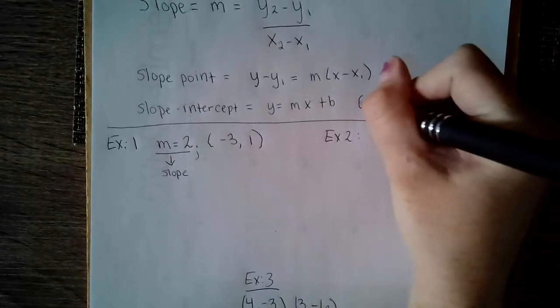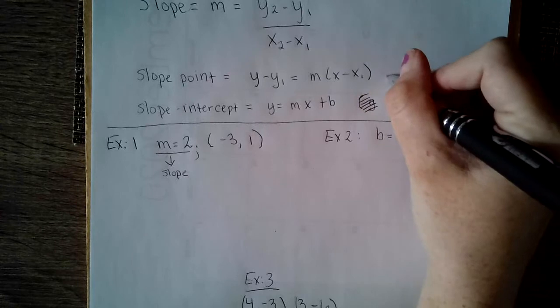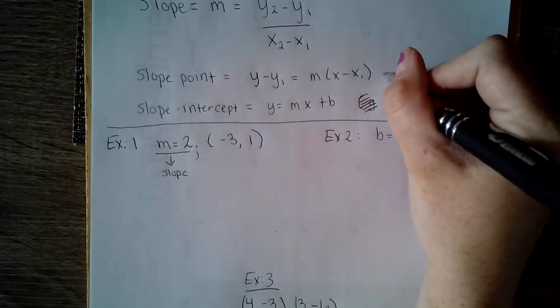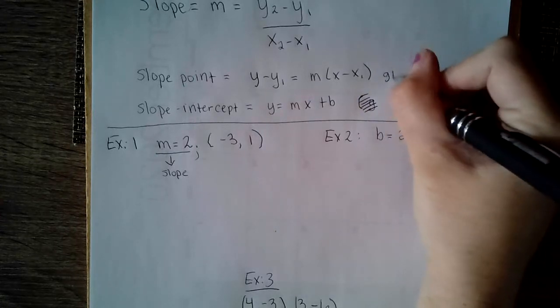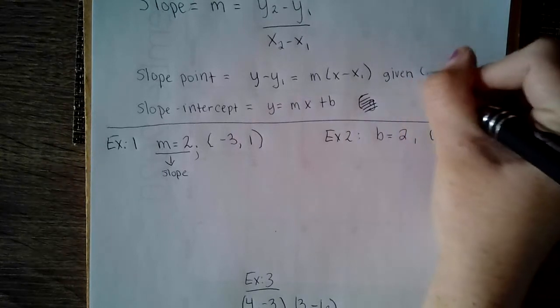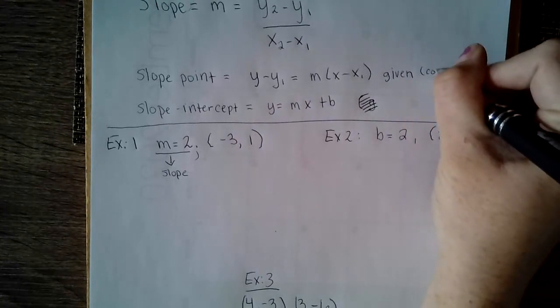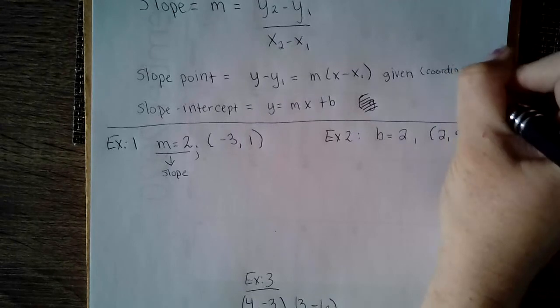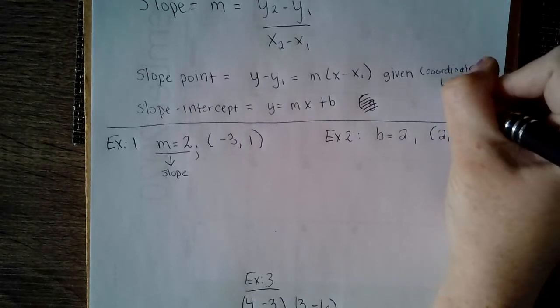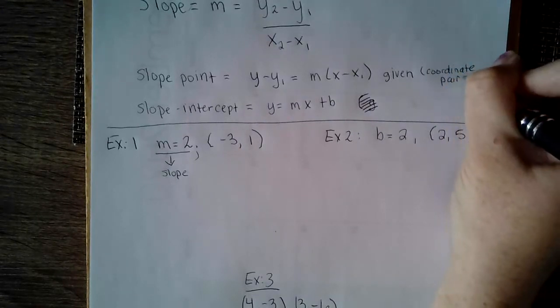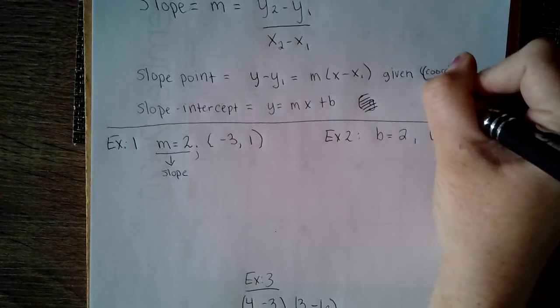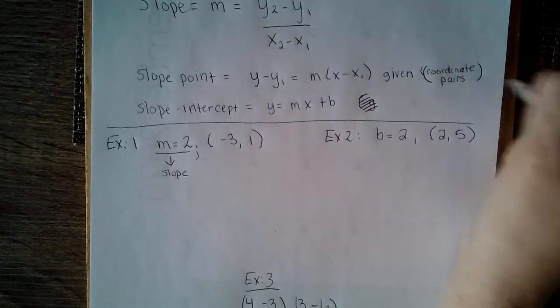Slope point form is when we are given coordinate points. Coordinate pairs, coordinate points, ordered pairs, and so forth, okay?